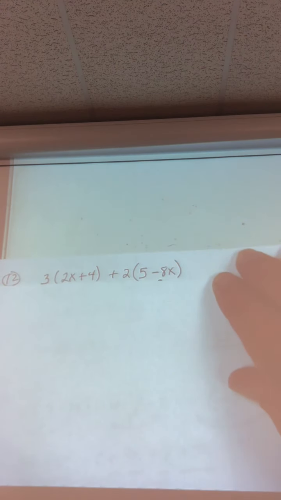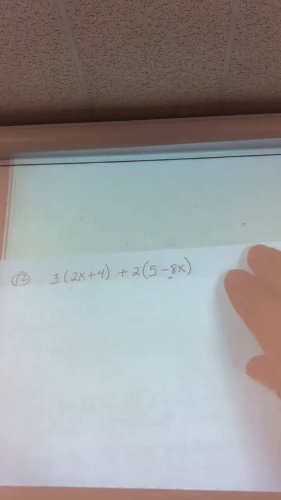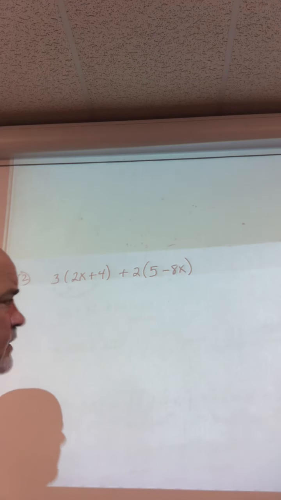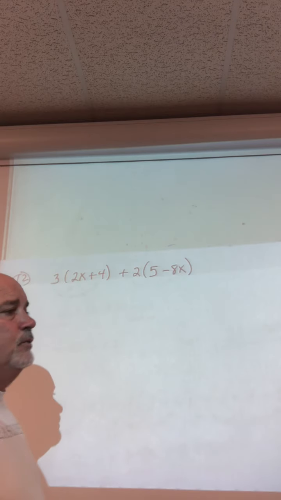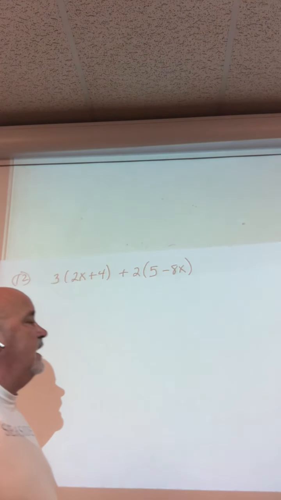Okay, 2 more examples and that will finish up section 1.4. Okay, so we've got 3 times, notice the word, 3 times 2x plus 4 plus 2 times 5 minus 8x.